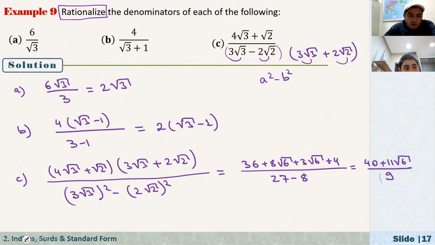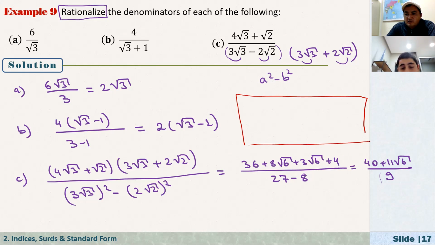Okay. Arad, I have one question for you before we finish this. Now the same question. Can you rationalize the denominator of this fraction? 1 over 1 plus square root of 2 plus square root of 3.